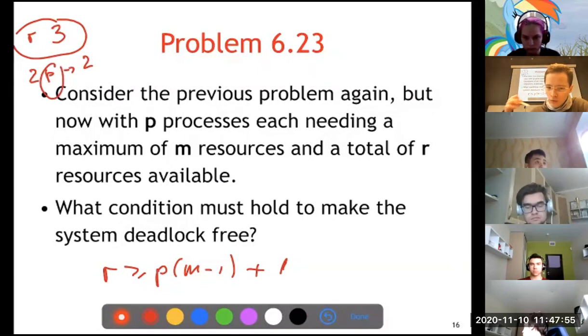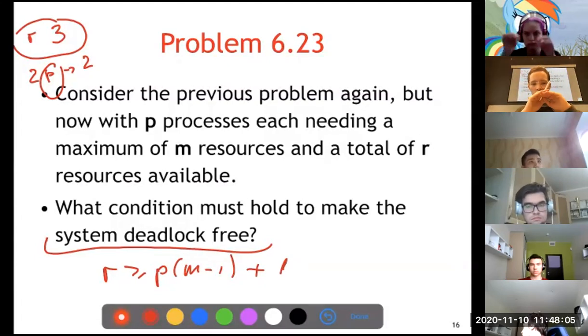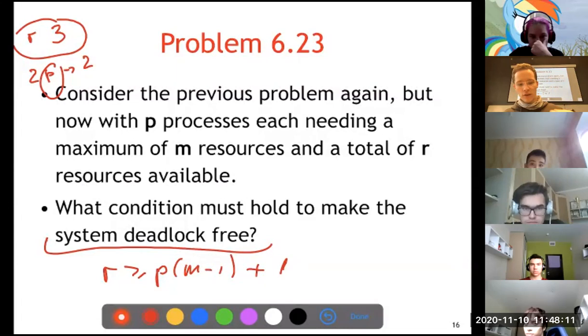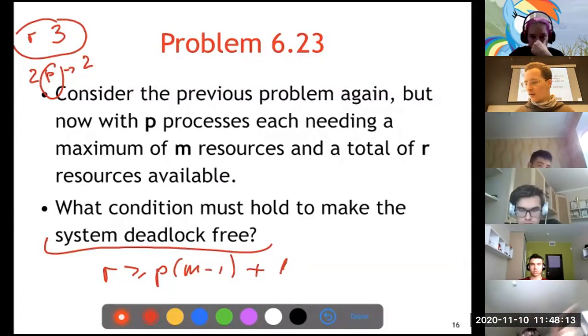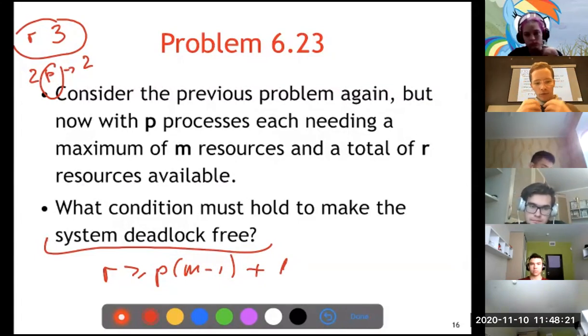But for the system to be deadlock free, we always need to have one extra resource. So if every process acquired its resources except one, there is still one more resource for at least one of them to finish and release the resources, so everybody else can continue. In this case, we have two processes. One picks one resource and holds, the other picks one resource and holds. There is still one resource, so at least one of them will be able to finish and release the resources.